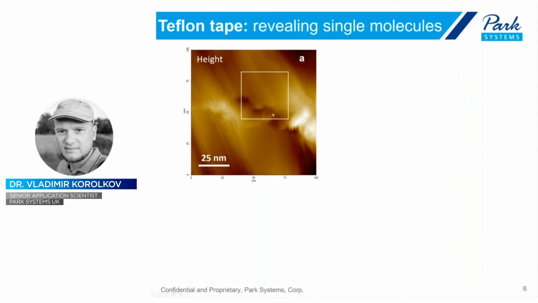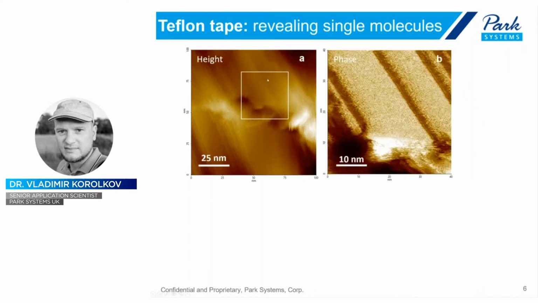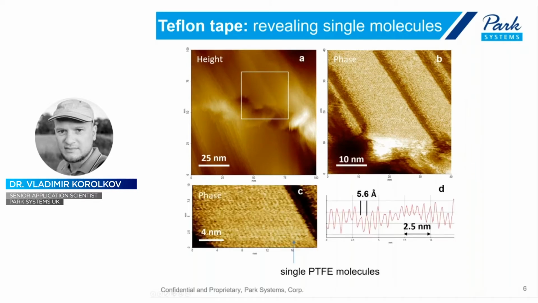for instance here. And when we zoom further into that small portion of the image and acquire a phase image, we can see that there is a very nice fine structure to these lamellas, and you can see lines that are running along those lamellas. And when we take a cross section and measure the distance between those lines, it is actually 5.6 angstroms.